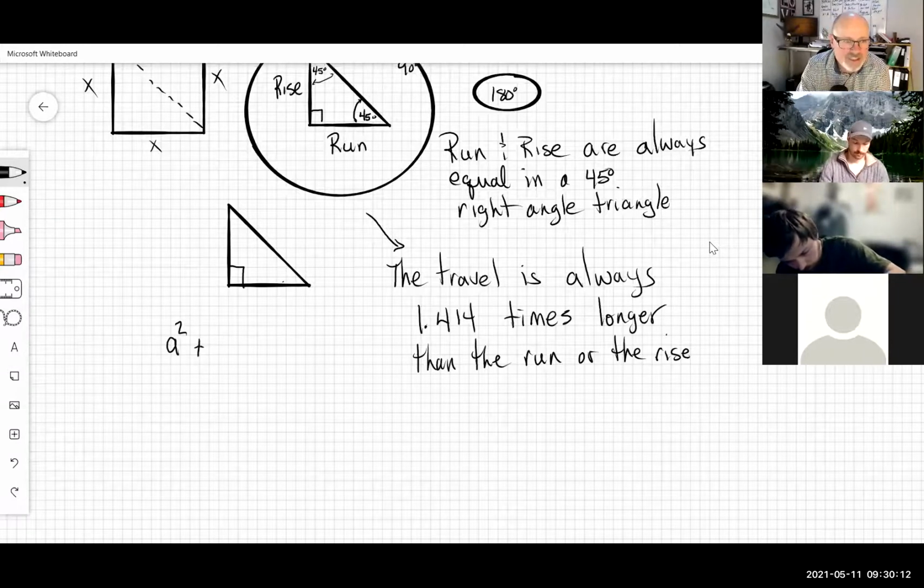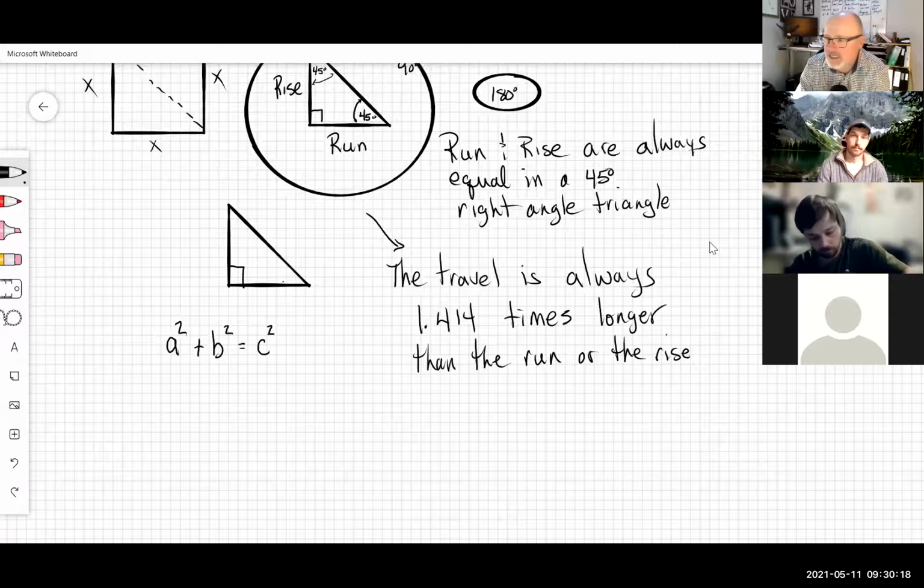Pythagorean theorem says that a squared plus b squared is equal to c squared. Now, I told you that the rise and the run are always the same on a 45-degree right-angled triangle.